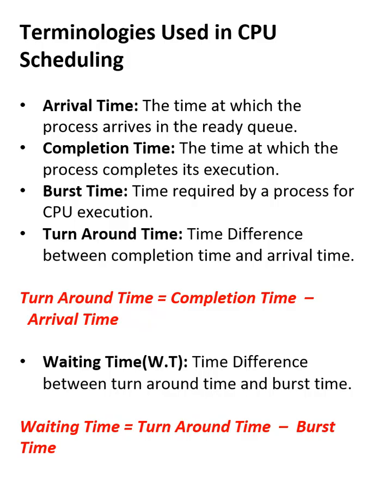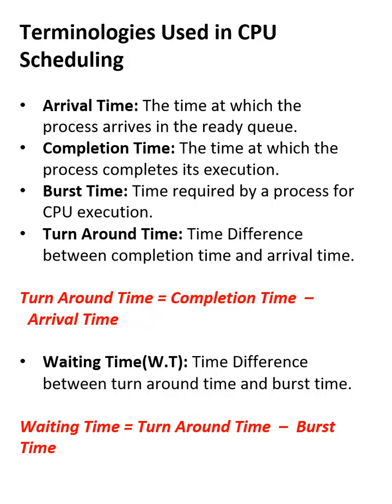So the first person does not have to wait, but the last person has to wait. How much time they take depends on when they come. This is the real-time example in our OS: when a process arrives, when it is going to complete, and how much time it takes to complete. These all come under CPU scheduling.